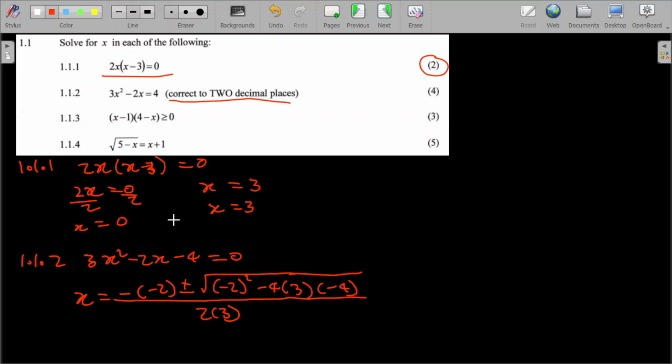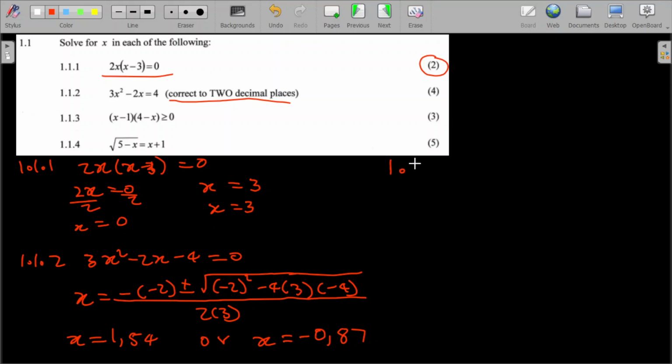The first x that I'm getting is 1 comma 54 if I round off to two decimal places, because it's very important again, guys, to follow the instructions. And the other x that I'm getting is negative 0 comma 87. I'll also round off to two decimal places. This is just 4 marks for free, guys. Make sure you get these 4 marks.